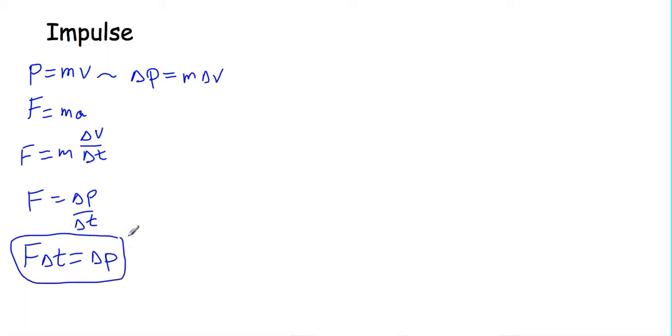So we derived a simple formula here, but the idea is when I apply a force to something for any time, its momentum is going to change. And that's what impulse is.